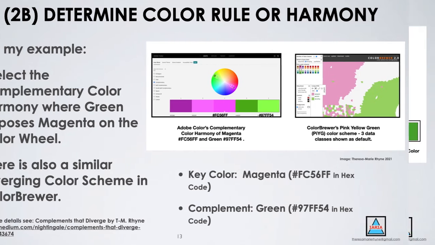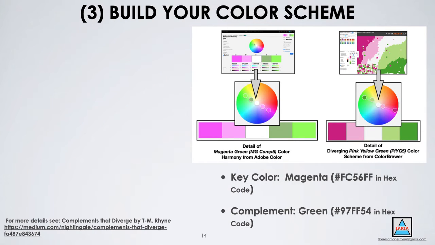So we're going to move along. And look, when I build the color schemes, I could get really on the pink side, or I could lean more on a sort of a reddish kind of pink, or a blushing pink here if I use Color Brewer. But you can see either one of these I could use to build my color scheme. And this is what I mean by a harmonic resolution.